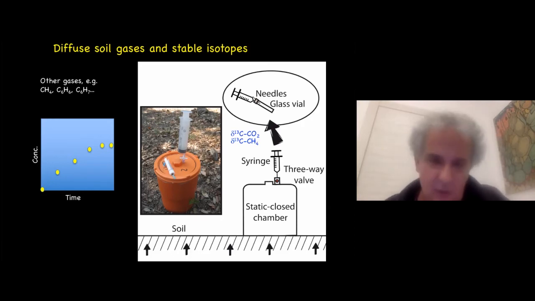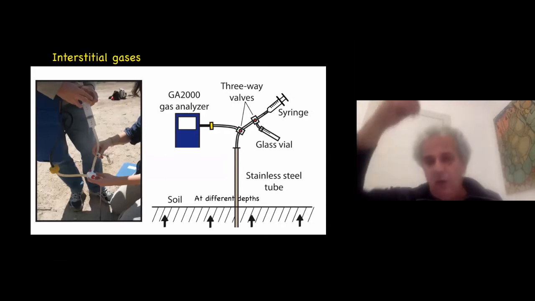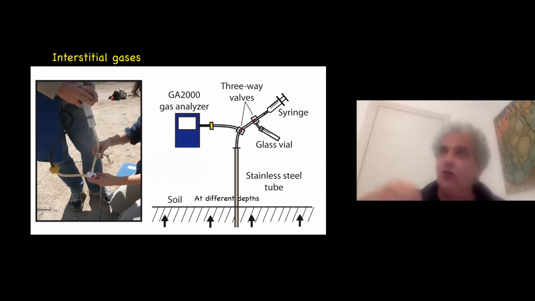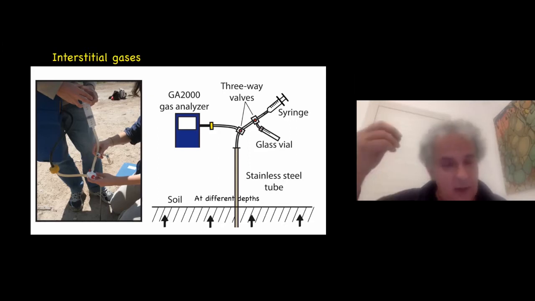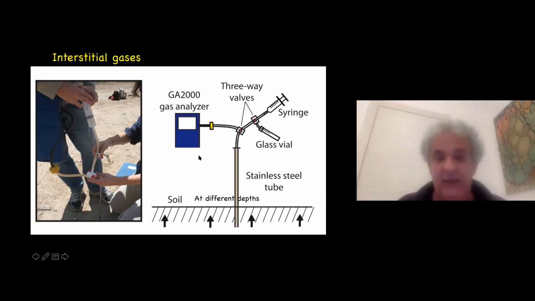Obviously, it depends on the concentration you have in the soil gas that you are analyzing. Finally, you can also do interstitial gases, in the sense that I want to see how the concentration and the isotopic composition of the gases change with depth, because obviously at the surface you have a strong interference with the atmosphere.